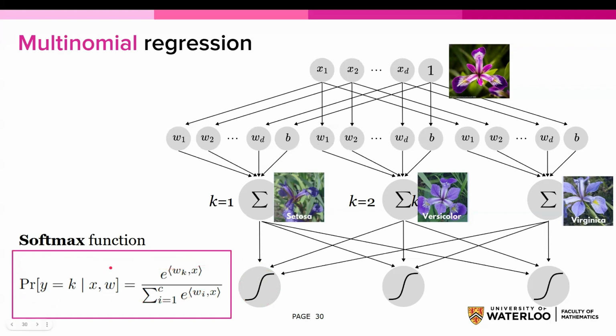What this says is that the probability that a label will take on a value k, where k indexes over the number of classes, given the feature vector and the weights in the model, is given by exponentiating the linear combination for that particular class k, divided by the sum over all such exponentiated linear combinations associated with each of the C classes.